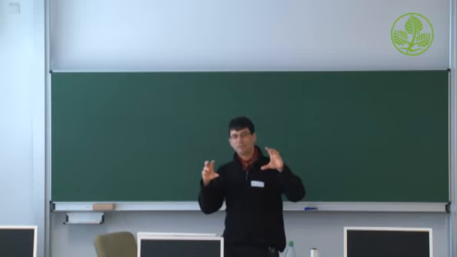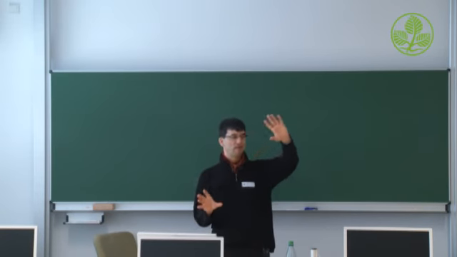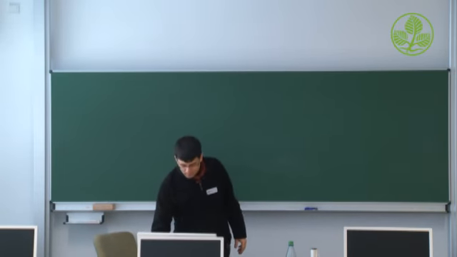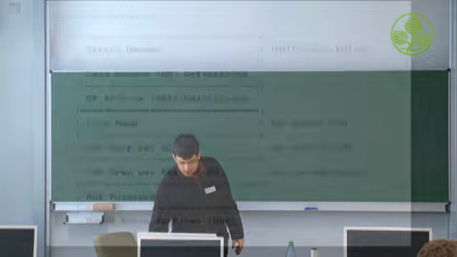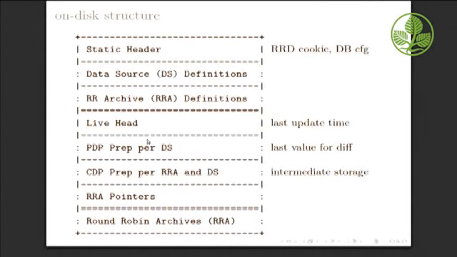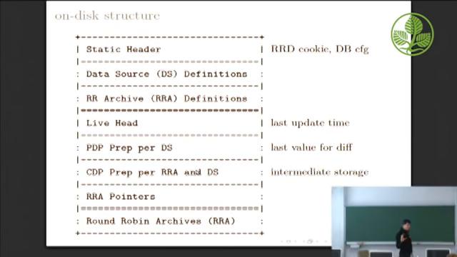The location of these data storage areas within the file is done so that there is a header part at the beginning where the static information is stored. So all the information about the structure of the database is stored at the beginning, followed by a live head. That's the area where all the data preparation is happening.